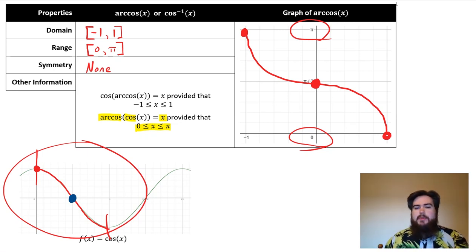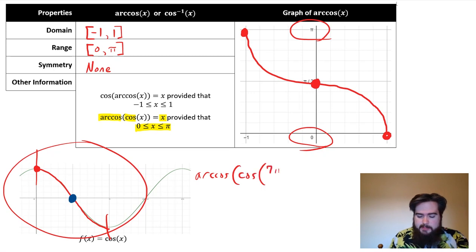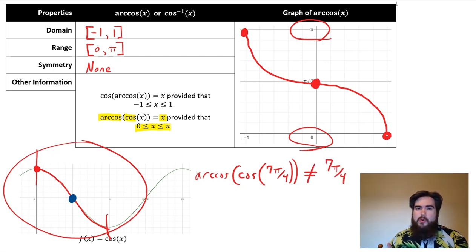If, for example, that value was 7 pi over 4, 7 pi over 4 is not between 0 and pi, meaning that if you do arc cosine of cosine of 7 pi over 4, this will not give you just 7 pi over 4. They are not just going to simply cancel out and give you 7 pi over 4.